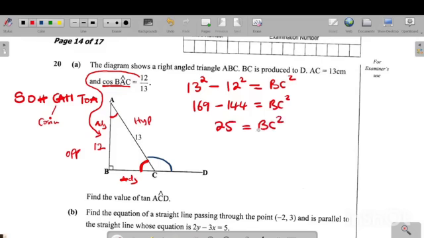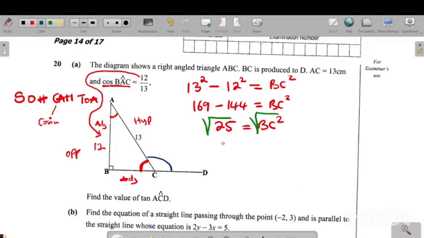Now we are looking for BC, not BC squared, so we are going to take square roots on both sides. The square root of 25, because this is distance, we are not going to have two roots. We use the positive one. There's no way you can have a negative distance.